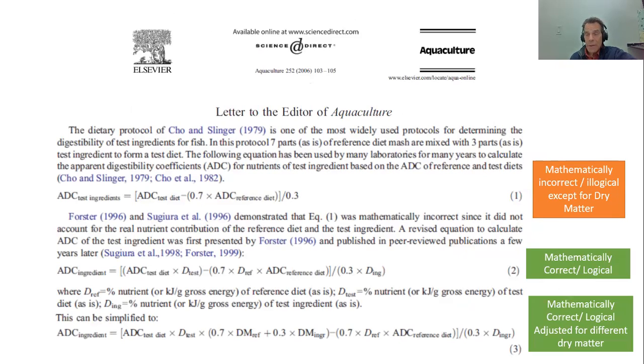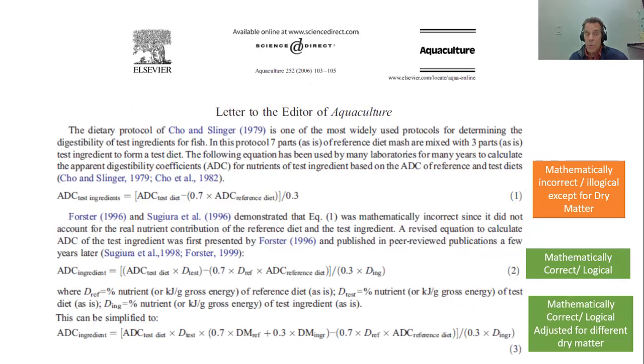The other aspect related to digestibility measurements is mathematical error. Many years ago, I was attending a conference in Texas in 1996, and Ian Foster presented a paper saying the old equation developed and widely used by Cho and Slinger in the 1970s and 80s was mathematically wrong. And Ian Foster was right.